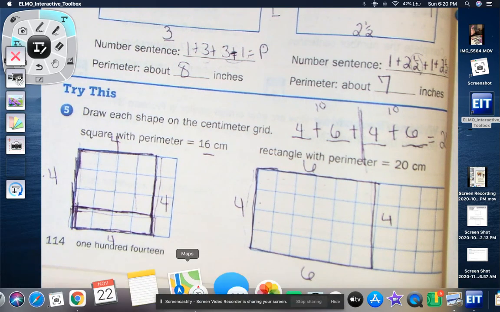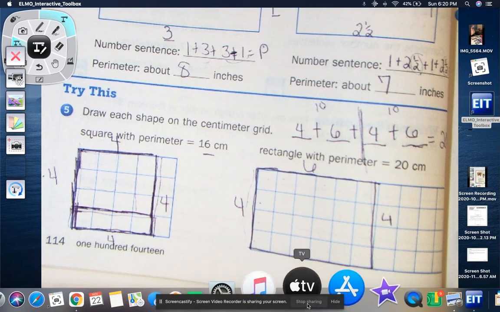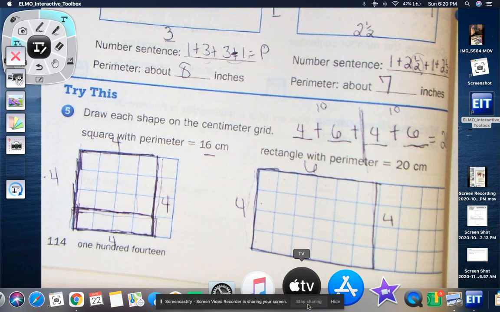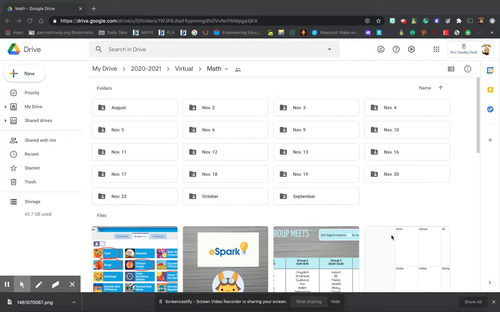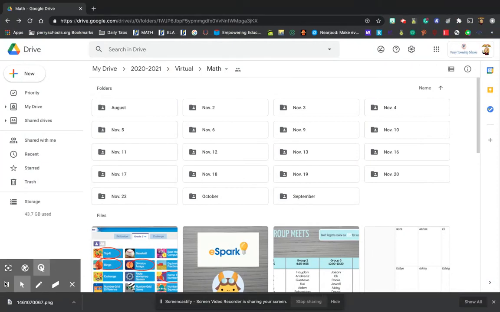And finally, you are going to do a Flipgrid. The directions are on the page so that you know how to use the sentence frame and explain how to find the perimeter of a polygon.